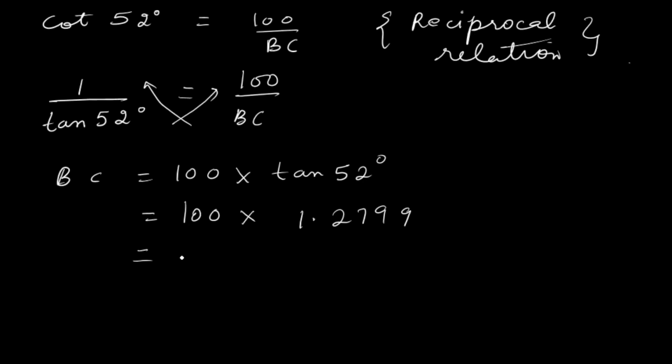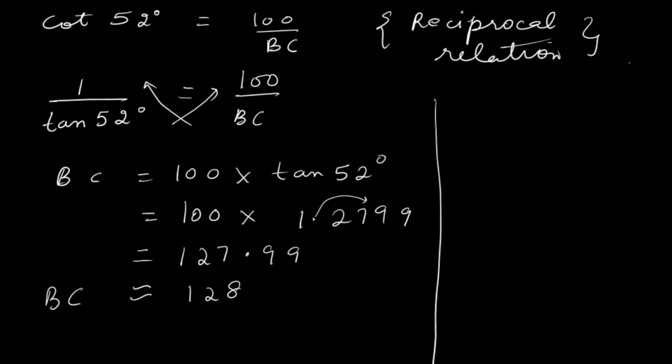If we multiply with 100, the decimal moves two places to the right, so we get 127.99. Okay, so 127.99 we can round off, so this will become 128. Yes, 128. So BC is equal to 128.